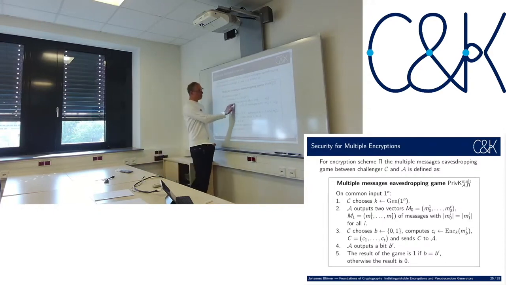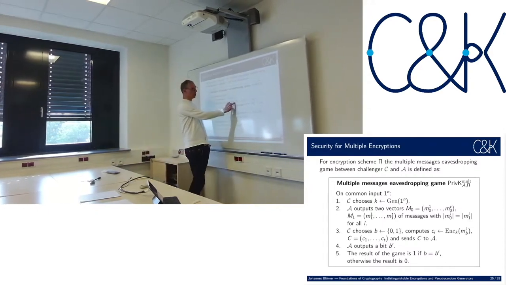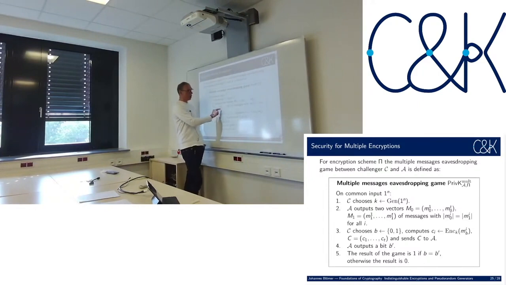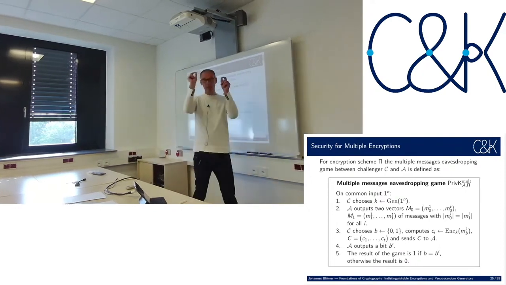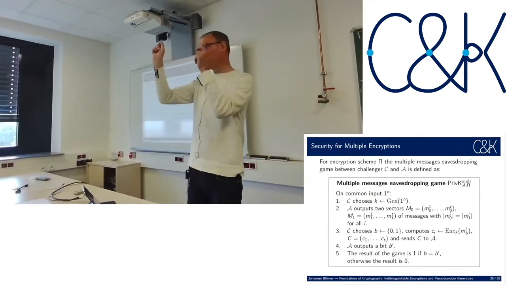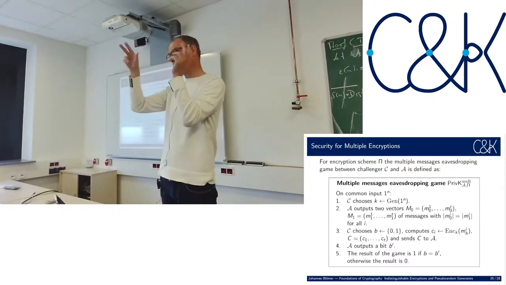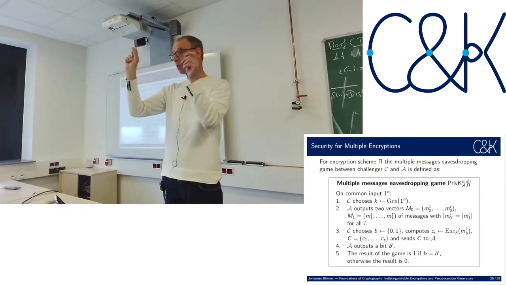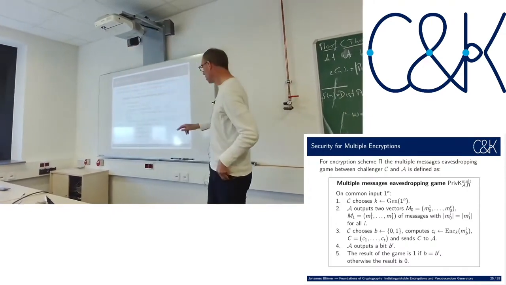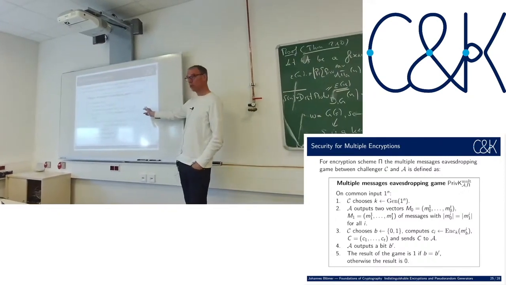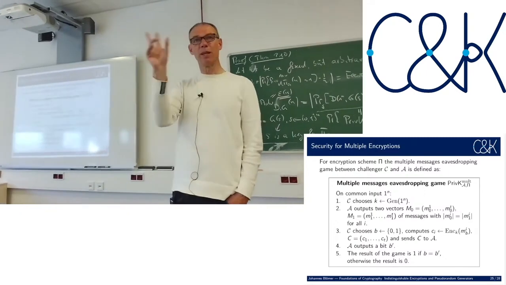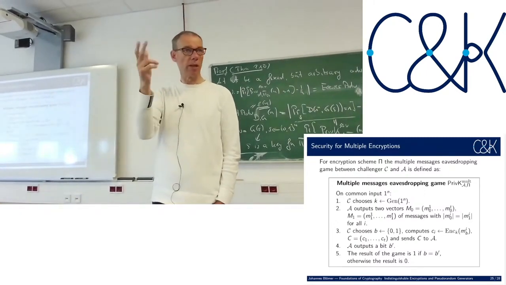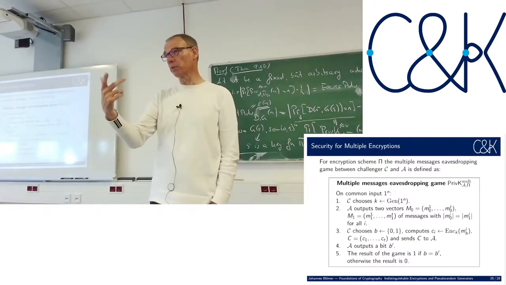Then A now outputs two sequences of messages, capital M0 and capital M1, of messages of his choice, where at each position, the messages have the same length. This even applies to variable length encryption schemes. But at each position, the messages have to be the same length. If it's a fixed length encryption scheme, then they will always be of the one length for the encryption scheme, right?